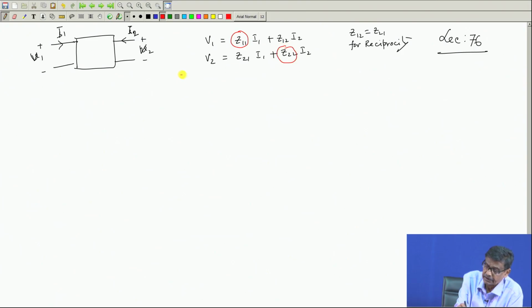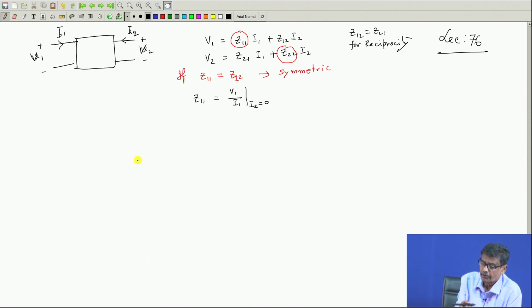For an impedance matrix, if Z11 is equal to Z22, then it is said to be symmetrical. Now, what is Z11? Z11 is V1 by I1 with I2 equal to 0.